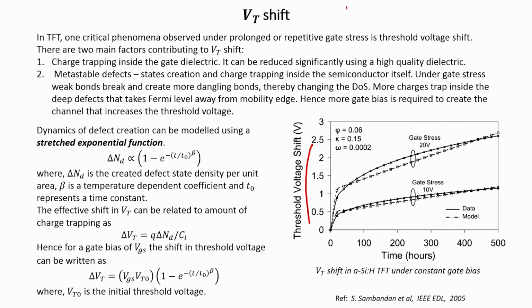So, in the case of crystalline silicon MOSFETs, the threshold voltage was more or less a fixed quantity. I mean, once you know the threshold voltage of the MOSFET, you used it for modeling your circuit behavior.